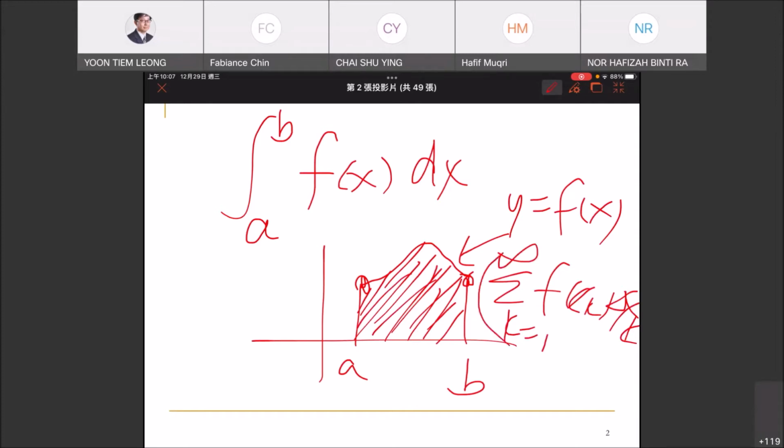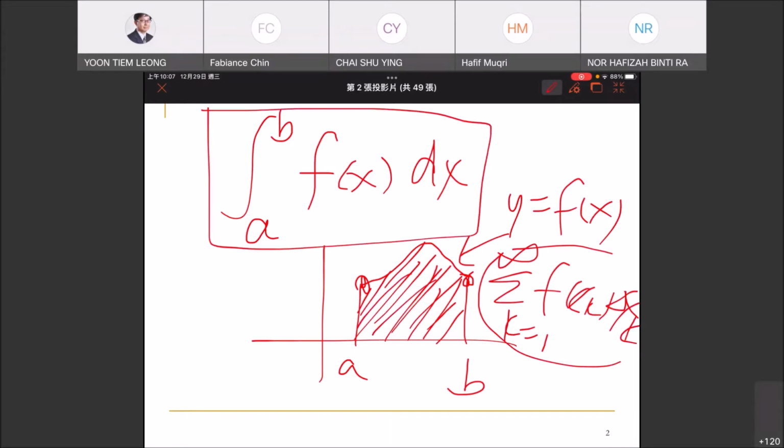When this Riemann sum converges, it will give you the area of the function, and we represent the converged value of the Riemann sum by this symbol, which represents the area of the function integrated from a to b. Such a function, if it's continuous, then it must be integrable. A function that is said to be integrable means the Riemann sum of it exists when the limit is taken from a to b.